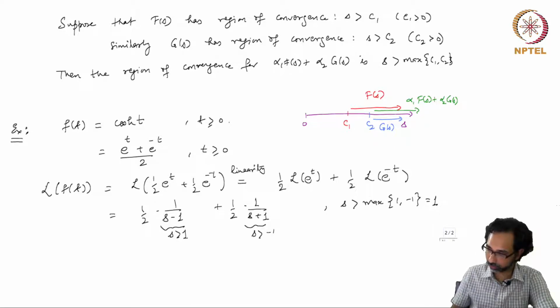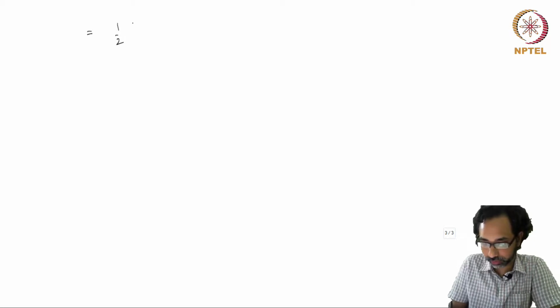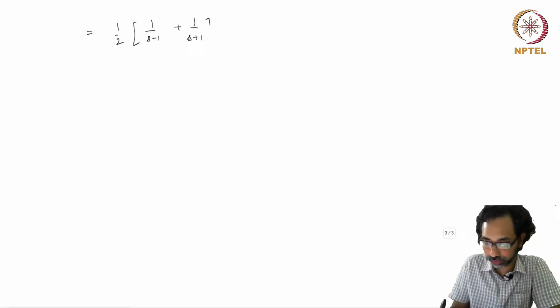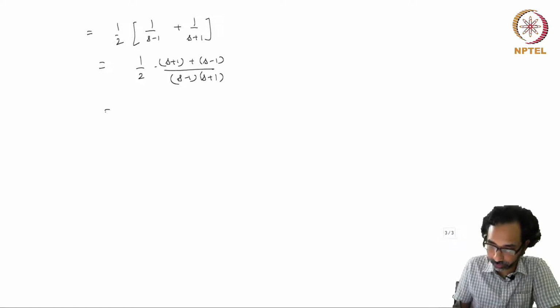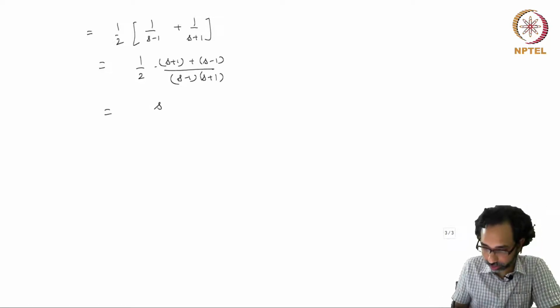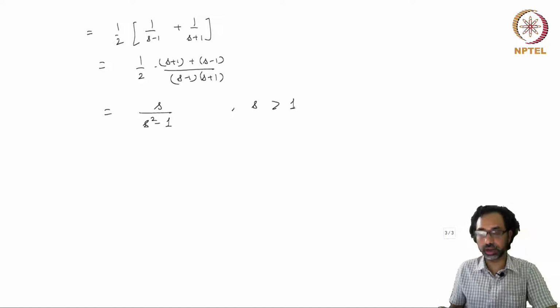So let's try to compute this expression. We have half times 1 over s minus 1 plus 1 over s plus 1, and this is given by half times s plus 1 plus s minus 1 over s minus 1 times s plus 1, which is s over s squared minus 1, and we have seen that this is valid for s greater than 1.